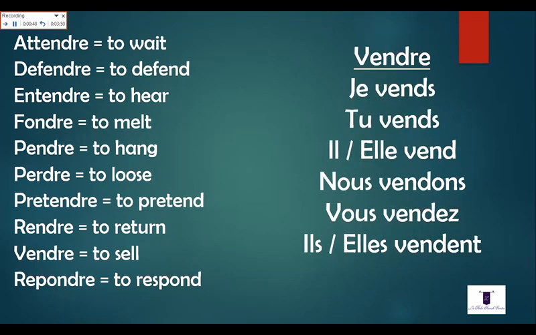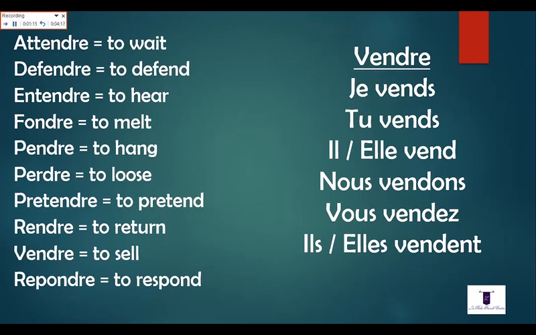Now, let's take one verb, the verb vendre, and conjugate it. You can see the conjugation of vendre. Je vends, tu vends, il ou elle vend. Nous vendons, vous vendez, ils ou elles vendent.